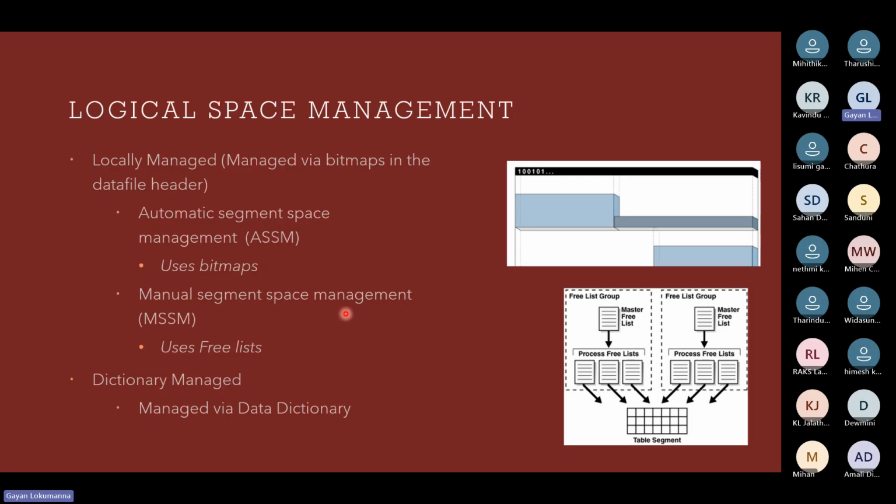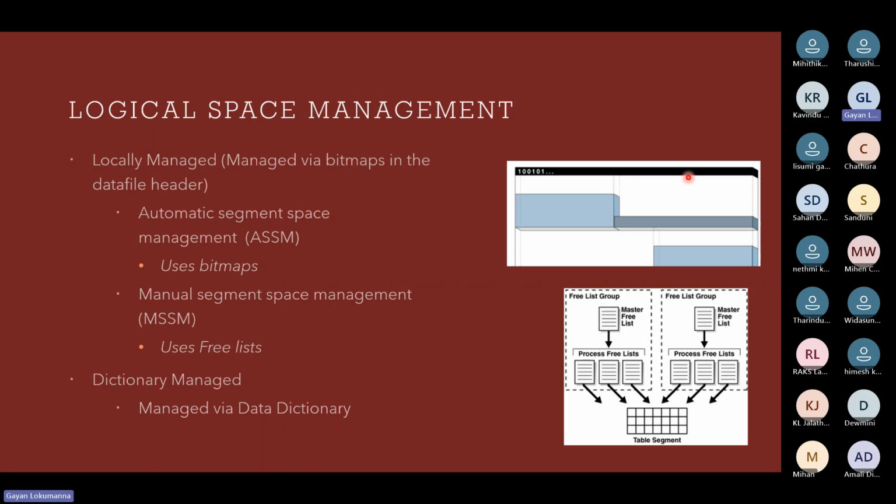Similarly, we have the segment space allocation also. What I basically talked about was bitmaps managing the blocks. They are more into segment-based management because I was talking about a table there, right? In a table, again, it uses something called bitmaps to figure out whether a particular block is entitled for a new insert or not based on the PCT free value.